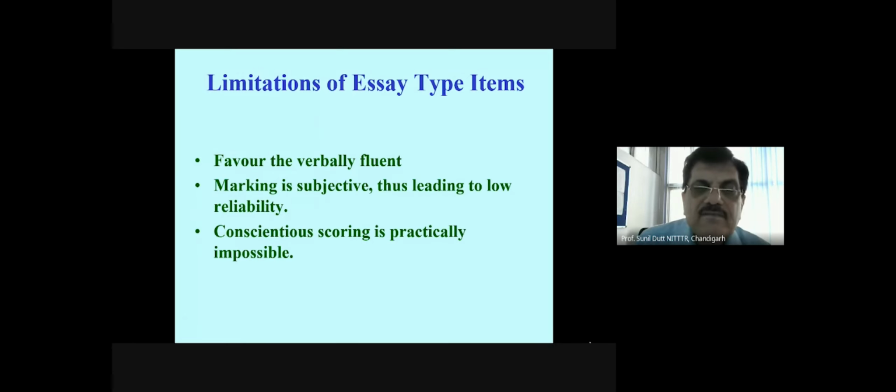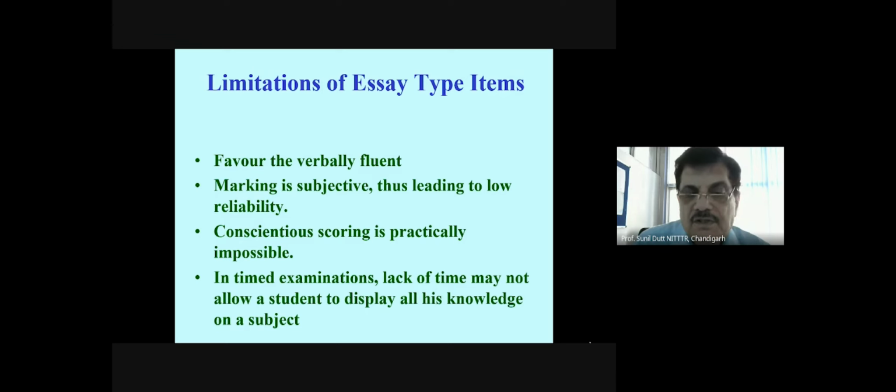Conscientious scoring is many times practically impossible, meaning that you are not giving the gaps in the answer of a particular student, and you are not showing the answer sheet to the students with some comments, so that students should know why their marks are less here. So you have to give your feedback. That is not possible. Lack of time may not allow a student to display, so in 3 hours only.